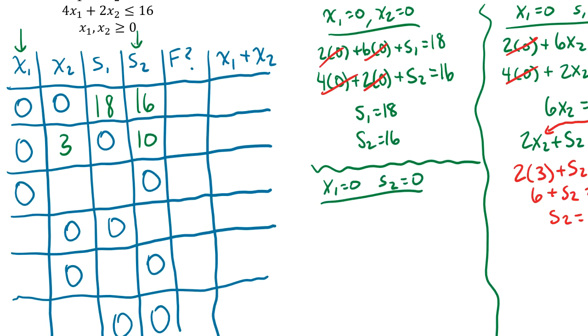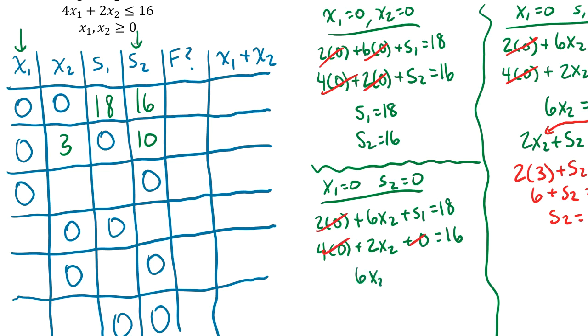Alright, so we go ahead and plug in our zeros. So 2 times 0 plus 6x2 plus s1 equals 18. And 4 times 0 plus 2x2 plus 0 equals 16. Clean it up a bit.